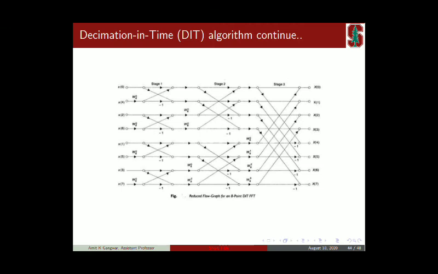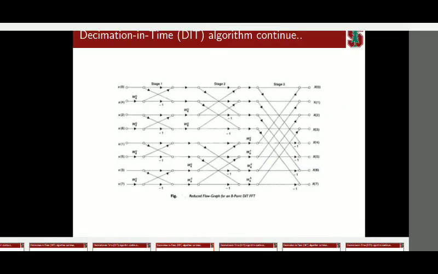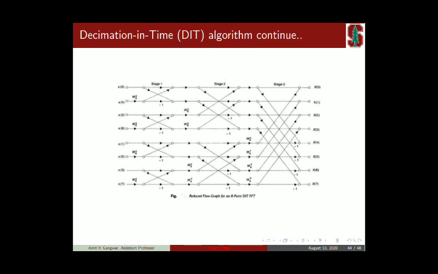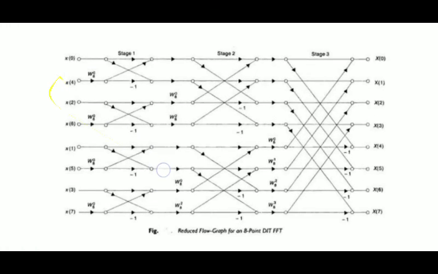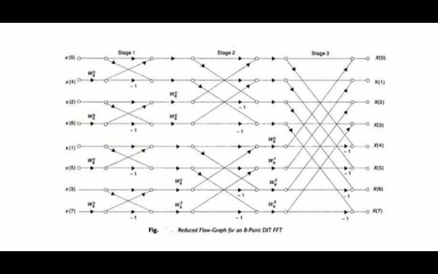One thing you have to see here: you get the sequence x0, x1, x2, x3 in ascending order, but here you can see x0 and x4 are not in sequence. You have to put them here very carefully, x0 value and x4.